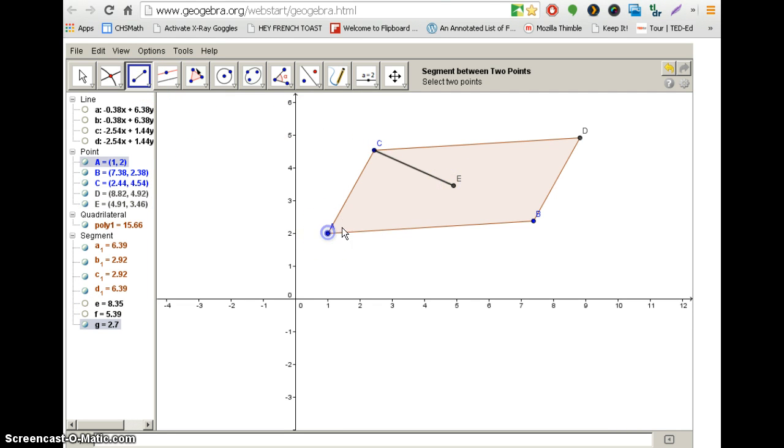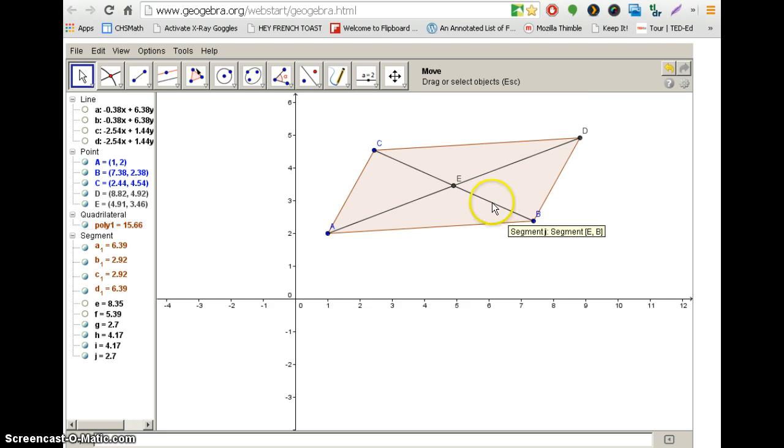The idea is that if each of these segments is bisected, then this segment will measure the same as that segment, etc. And we can look over here and see that if we highlight one diagonal, it's 2.7. We highlight the other diagonal, it's also 2.7. So it's already measured for us on the algebra side, 4.17, 4.17.